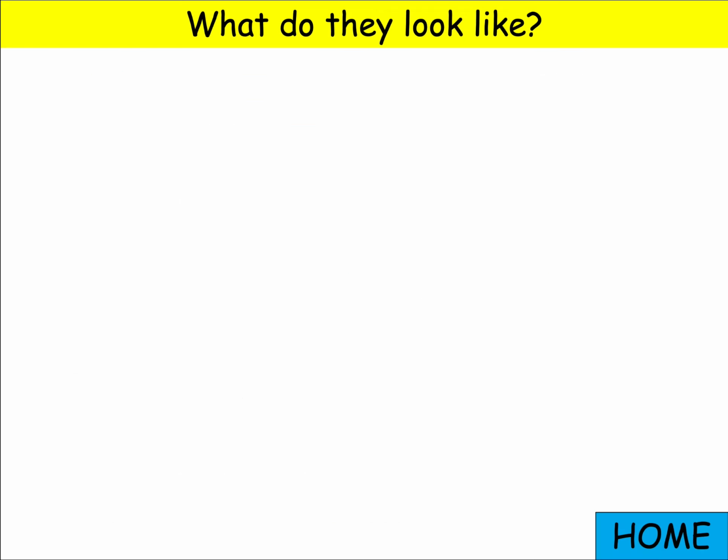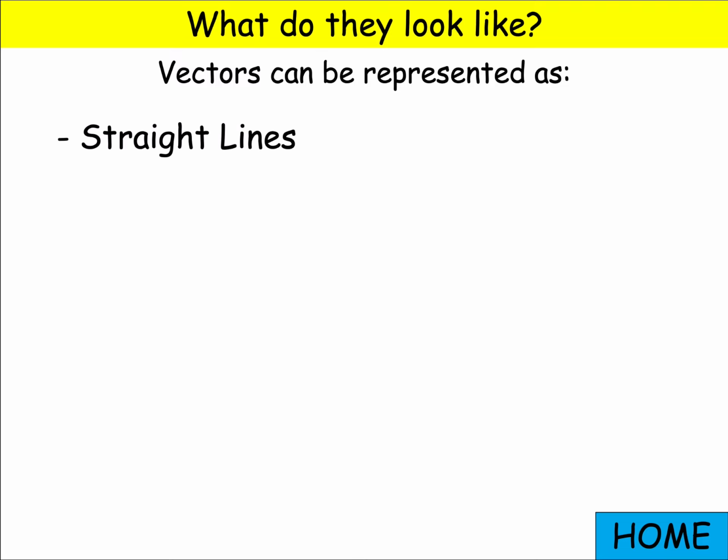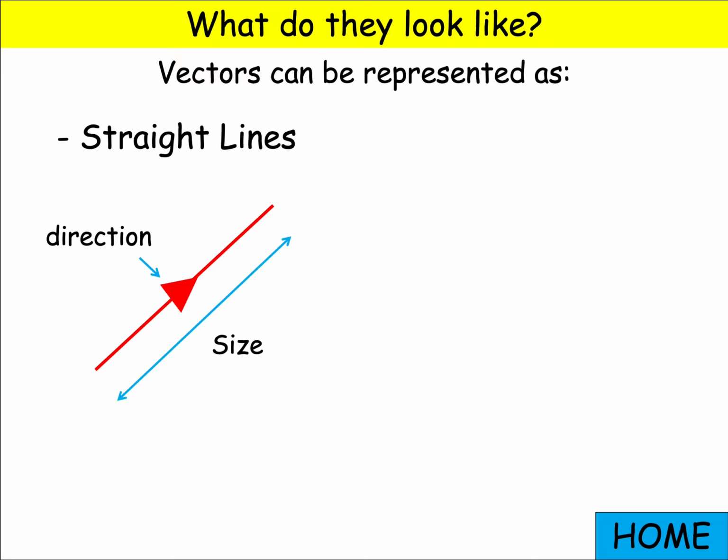What do they look like? Vectors can be represented as straight lines. The arrow shows the direction in which the vector is traveling or moving. The length of the vector is its size.